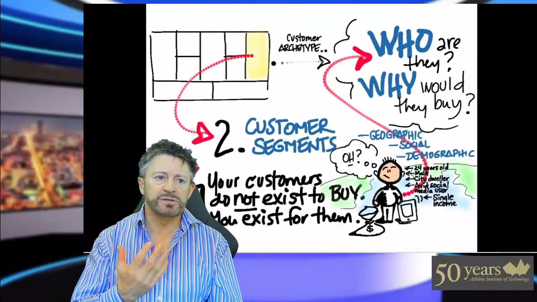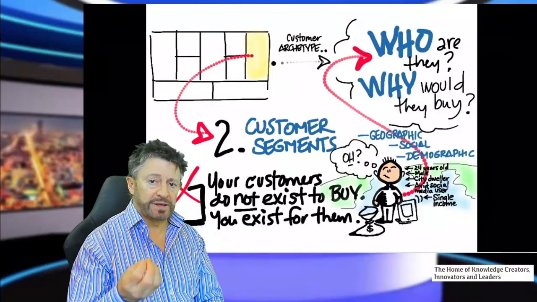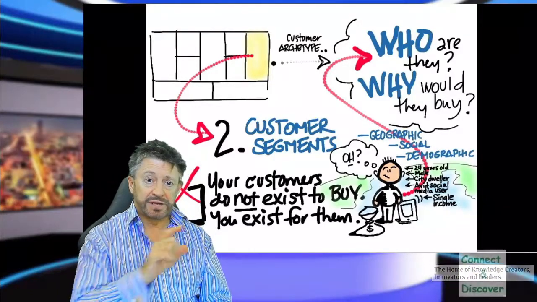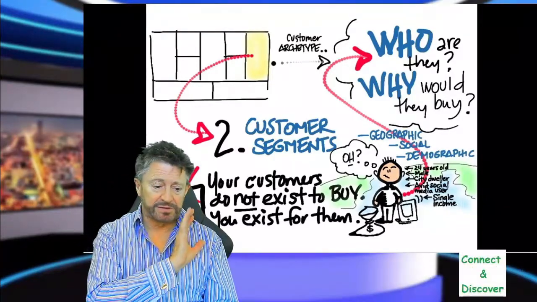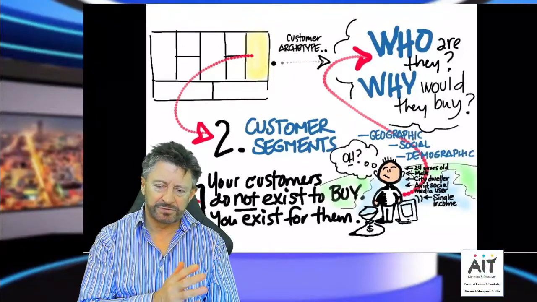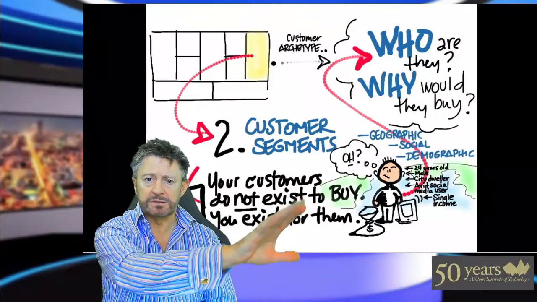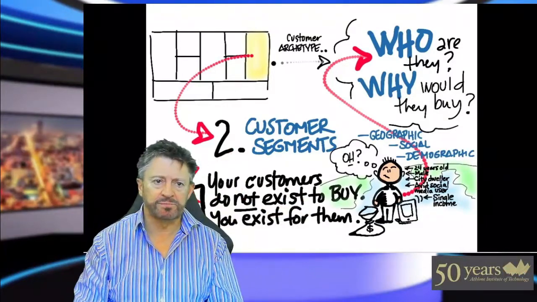Your customers do not exist to buy. You exist for them. That's critical. Back in the 50s, 60s, 70s, 80s, and into some of the 90s, companies made stuff and said, here, buy that. That's it. We put it on the shelves.